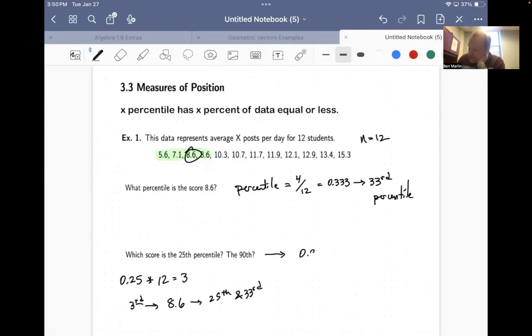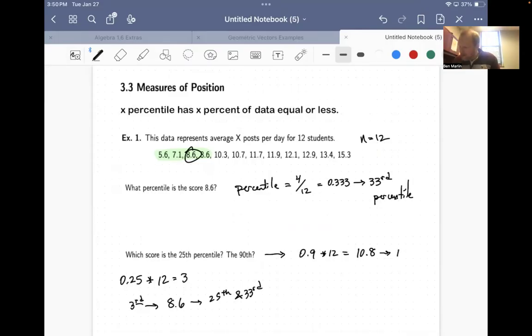So here we'll have to take the 0.9, multiply that by the 12, and when you do that, you get, oh shoot, wow, super embarrassing. 0.9 times 12. Yeah, 10.8. That's what I thought it was. So 10.8, which of course isn't an actual position.